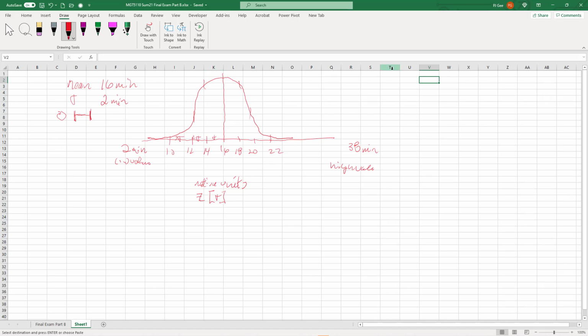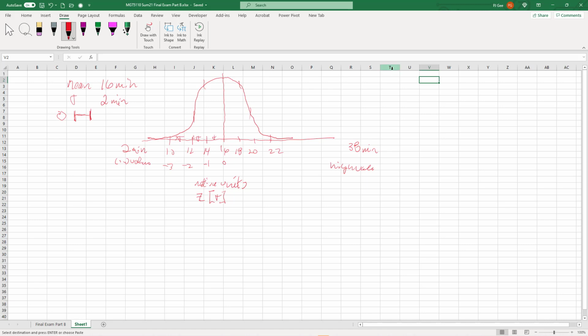All right. So the first part was drawing it. Now, we said that we could also think about this in Z's. Z is how many standard deviations we are from the center. So right at the center, we're going to be 0 from the center. If we go down 1 standard deviation, that means we're down 1 standard deviation, minus 2, minus 3. So this is the other scale that we can use.